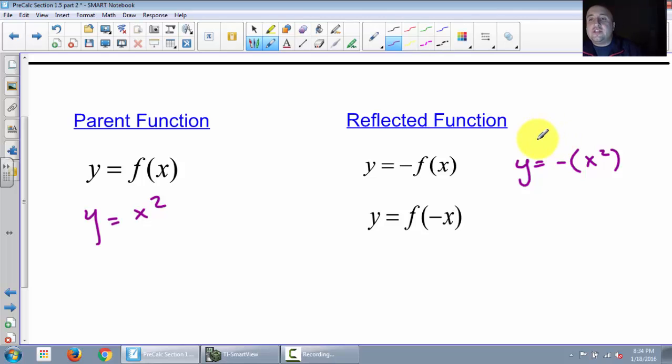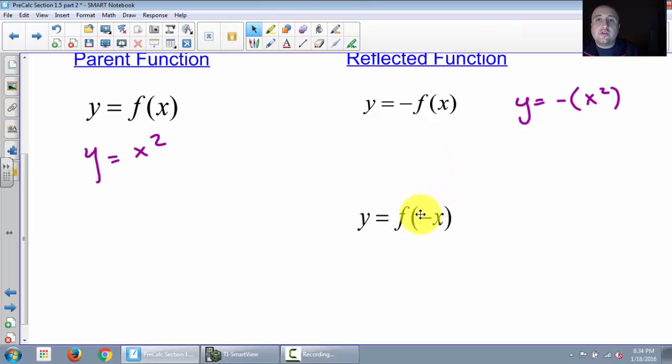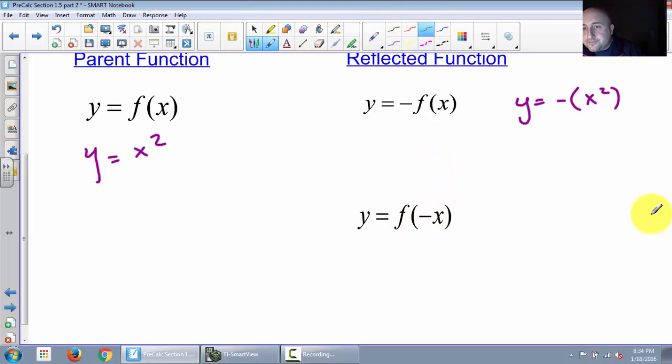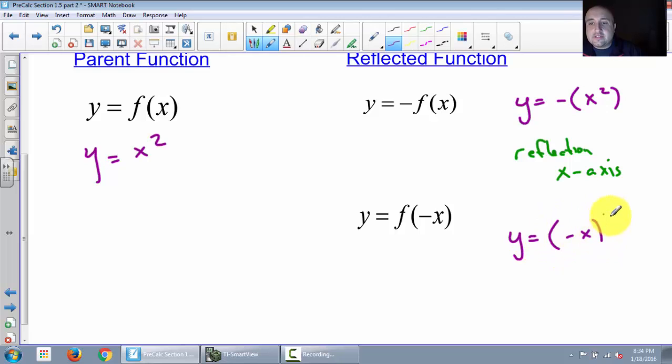Okay, we're going to see that that is a reflection over the x-axis. And the second one, if we only put the negative on the x, so notice that the negative is just attached to the x, so (negative x) squared, that should be the opposite: a reflection over the y-axis.